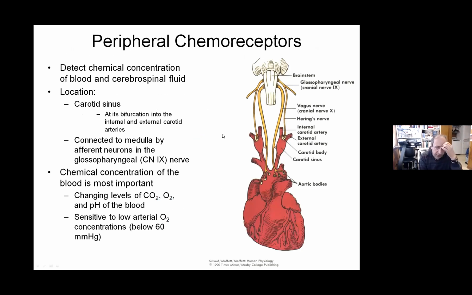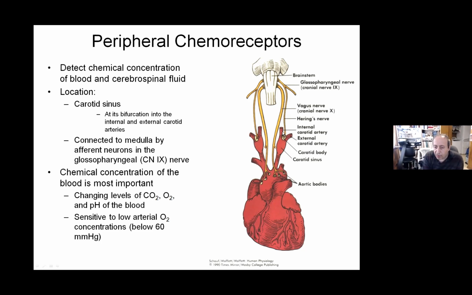Now, where are the peripheral receptors located? They are located in the aortic body and the carotid body. You have the aortic arch, and these bodies are sensors of oxygen level and pH.